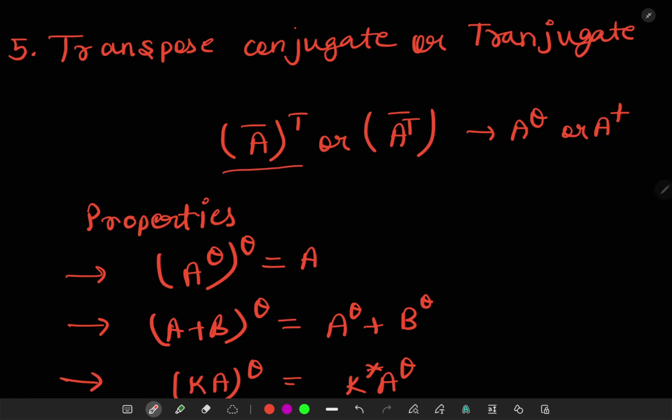Transpose conjugate is represented by the A conjugate and transpose symbol, or we can represent it as A transpose and then conjugate. For ease of use, we use a dagger to represent the transpose conjugate.